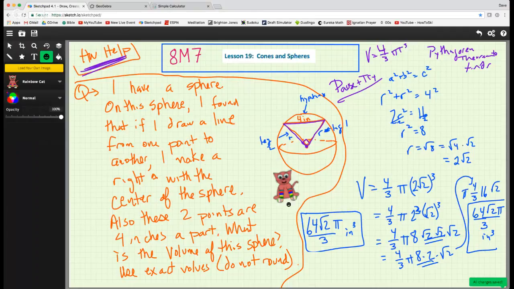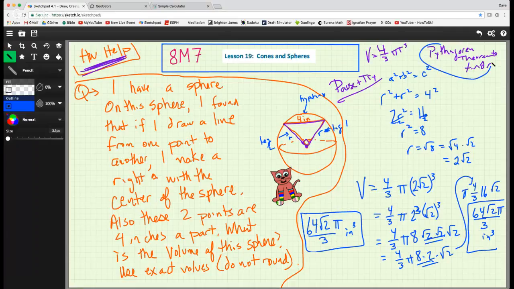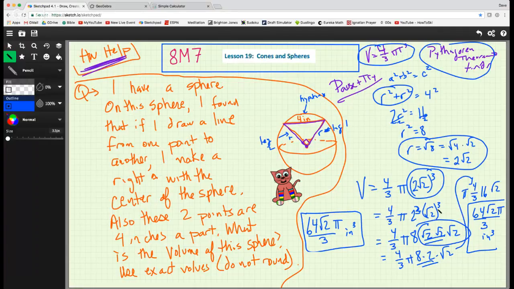And that deserves a happy cat. There's a lot of trickiness going on here, a lot of subtlety, a lot of building blocks. Pythagorean theorem, volume of a sphere, combining like terms, finding square roots, and simplifying, performing exponential operations on radicals, simplifying radicals that are being cubed, and then rewriting using the commutative property of multiplication to then simplify.